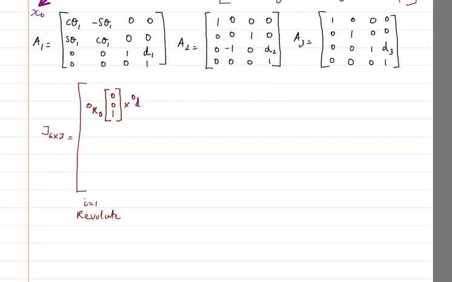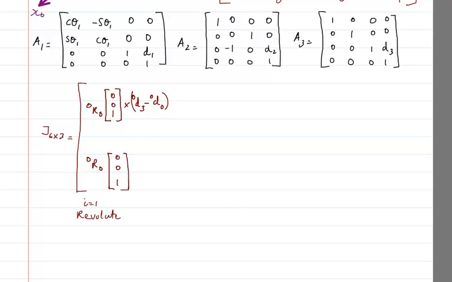Here n is maximum 3, so it is 0d3 minus 0d_{i-1}, which is 0. And in the bottom it will be just 0r0, followed by 0 0 1. That's all. So this is for the revolute joint.